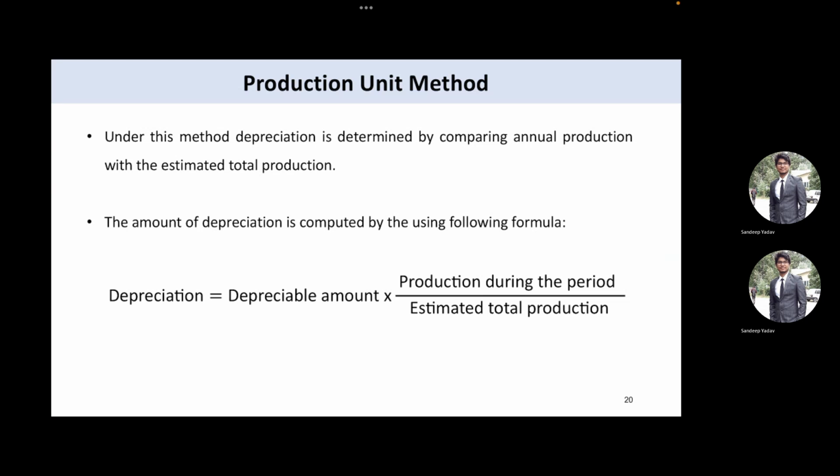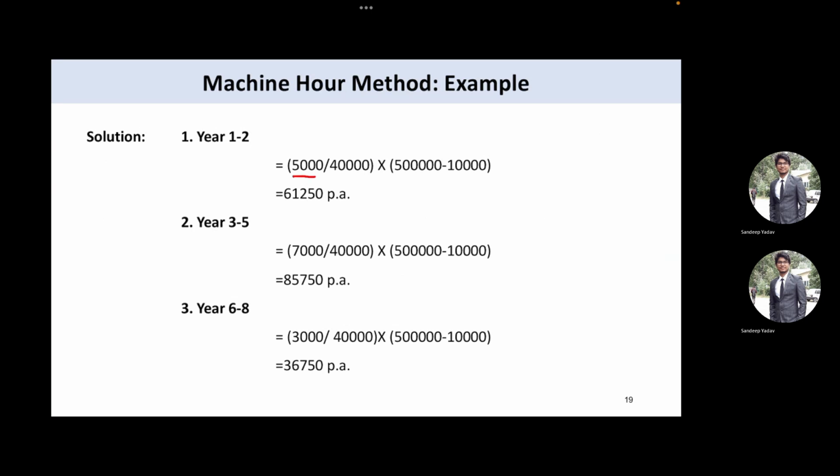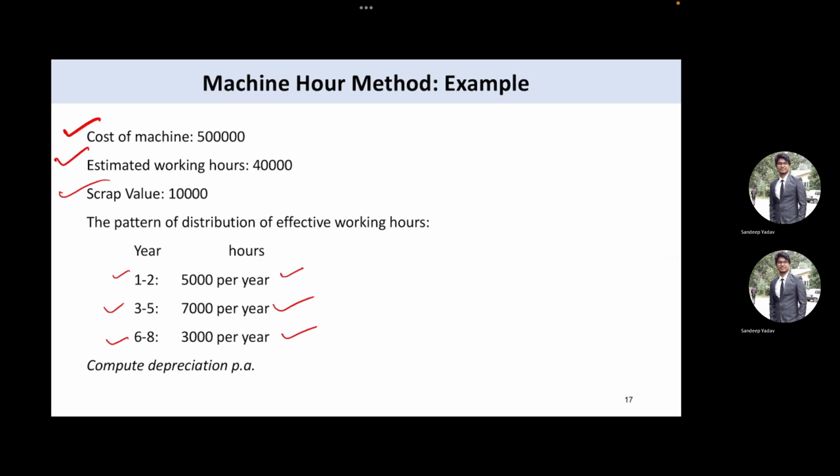For the year 1, the depreciation is 5,000 upon 40,000 into 5 lakhs minus 10,000.